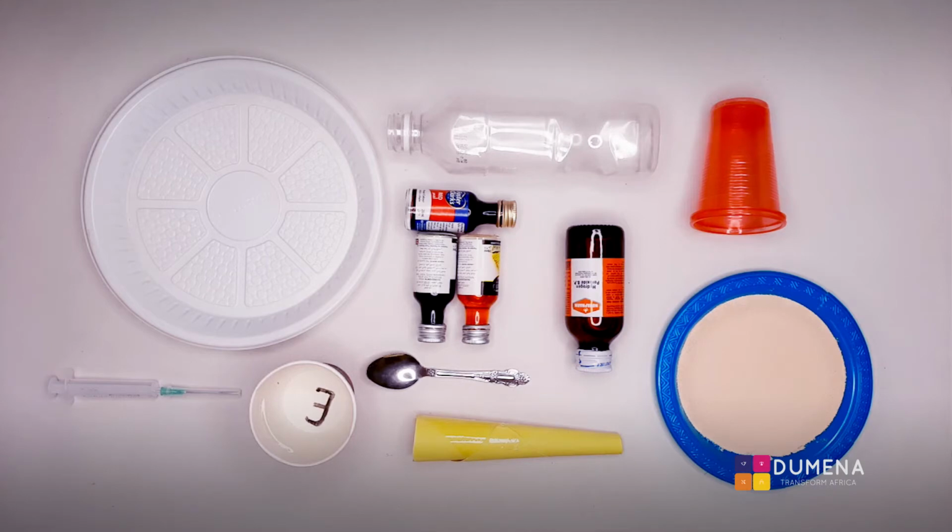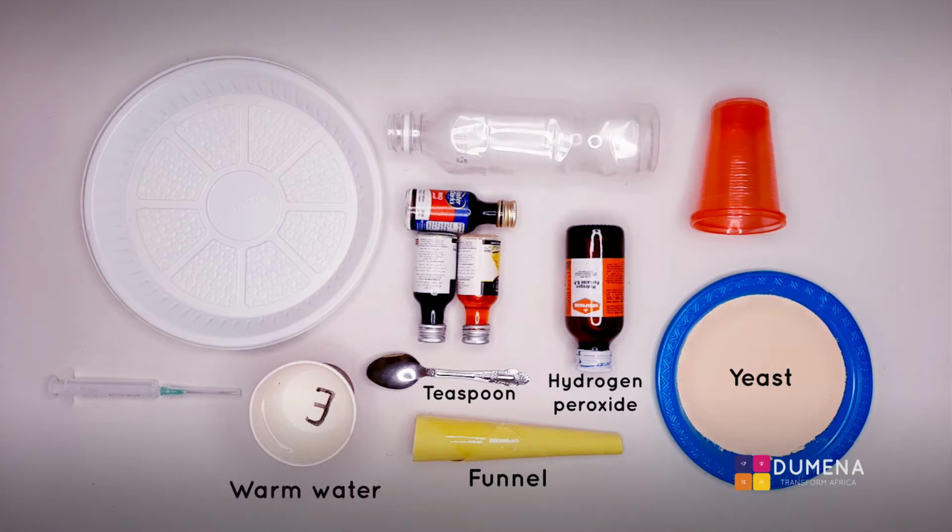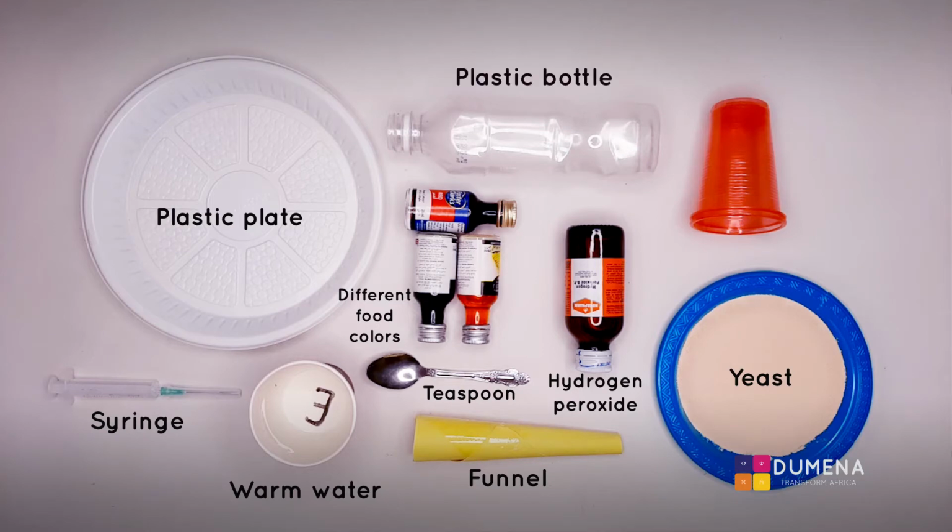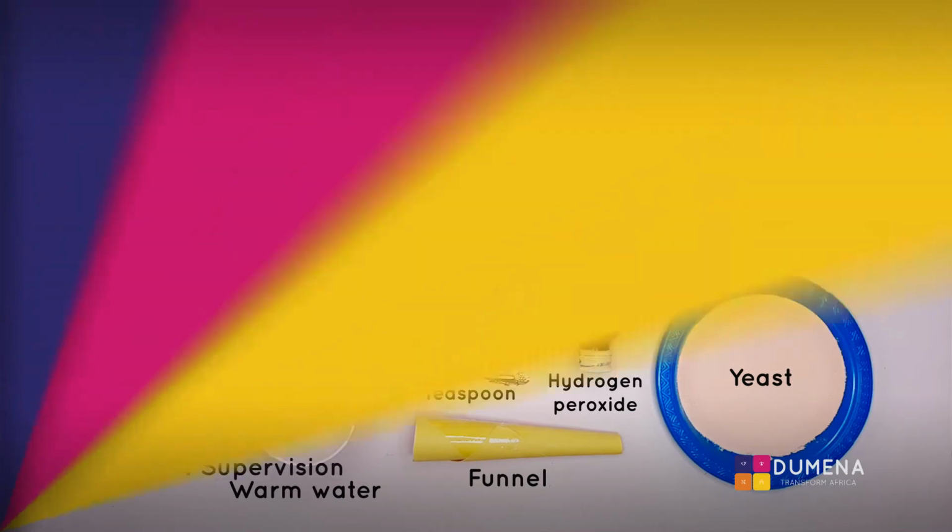So for us to carry out this interesting elephant toothpaste experiment, we will need to gather the following items. We will need a plate of yeast, a bottle of hydrogen peroxide, a funnel, a teaspoon, and also a cup of warm water. We will also need a syringe, an empty plastic plate or a tray, bottles of different food color, an empty plastic bottle, a pair of cups, and lastly, you will need adult supervision.